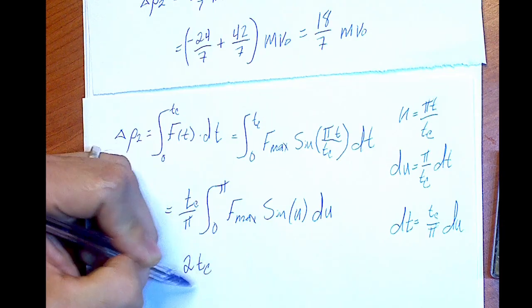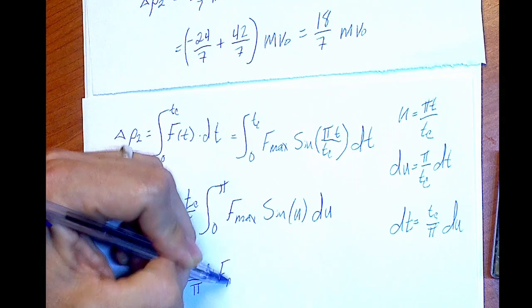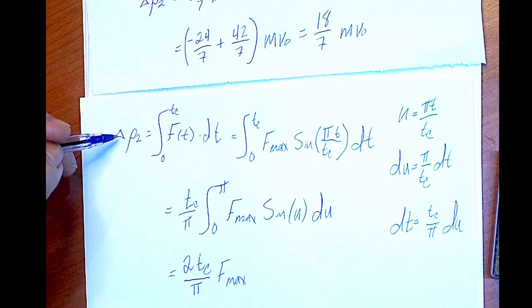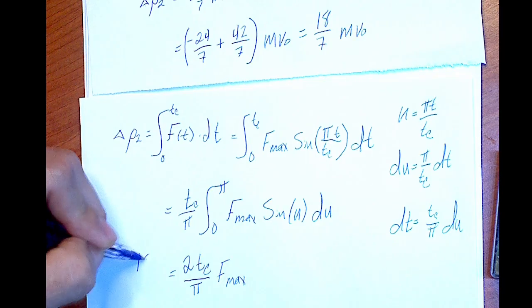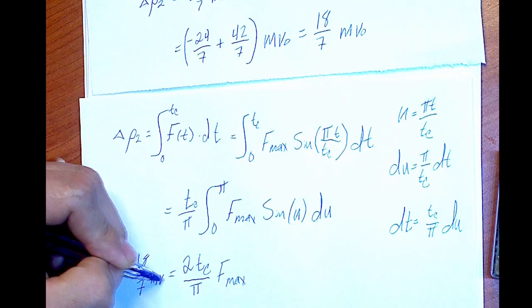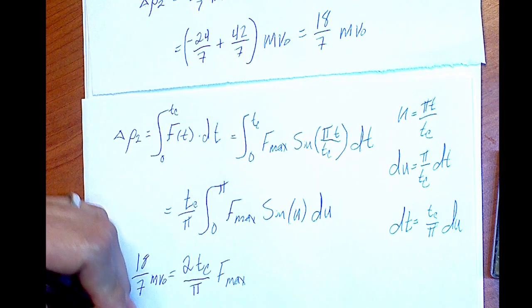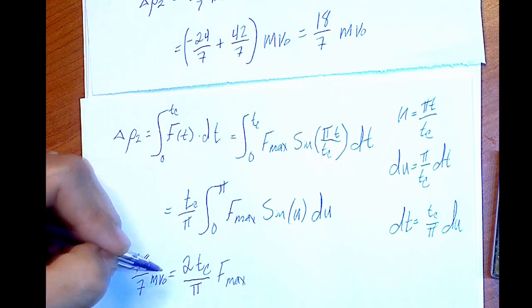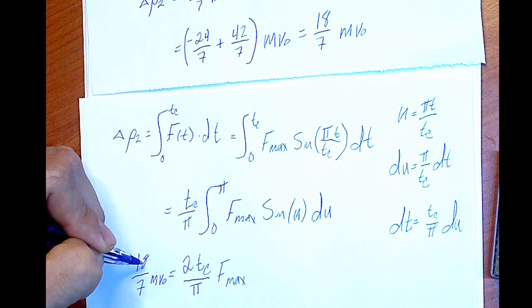2 times the time of collision over pi F max equals the change in momentum of block 2, which above we said was 18 over 7 mv naught. And so now we can come up with an expression for F max, which is going to equal, well, this 2 will come over, reduce with that 18 to make 9.